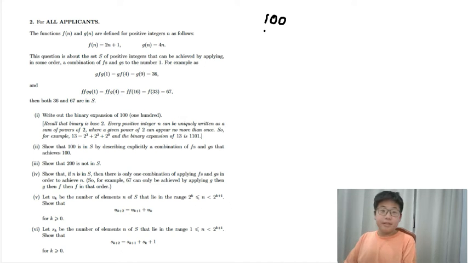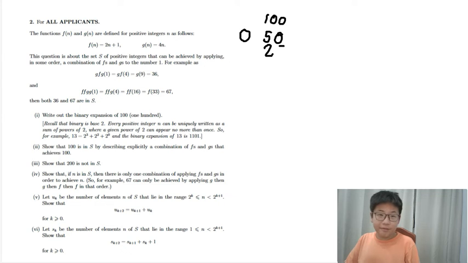Any computer geek will know how to convert decimal numbers to binary, but some hardcore computer geeks won't. So for all of us here who don't know how to compute binary, or if you do, this will be a refresher. We divide by 2 to get 50, and then we write down the remainder on the left. So we have a remainder of 0.